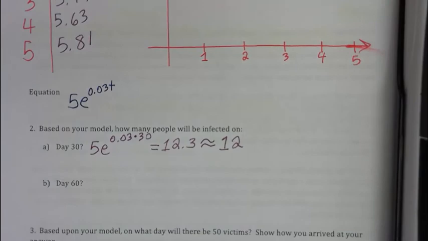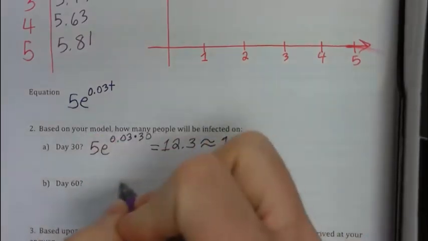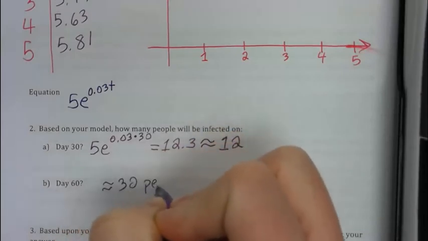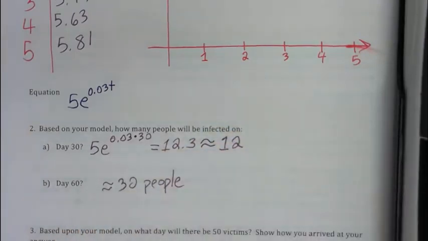And then if we do the same exact thing for day 60, well, that would be about 30 people. So now if we are looking at day 30, we were at 12. And then if you double that amount to 60, we've more than doubled by that point, up to 30.